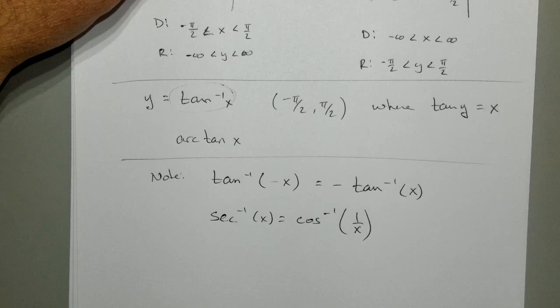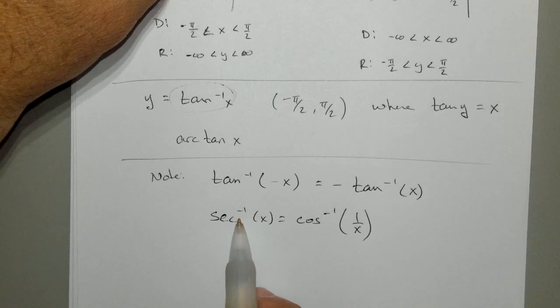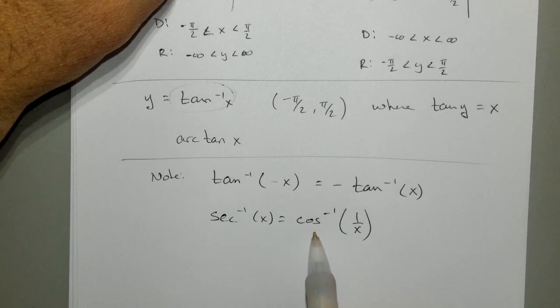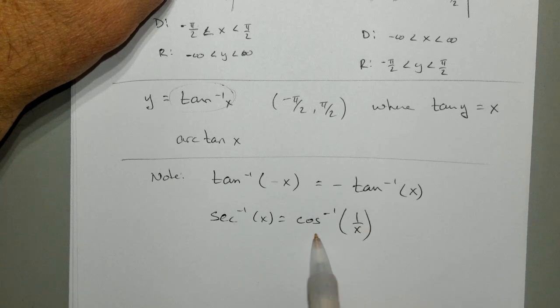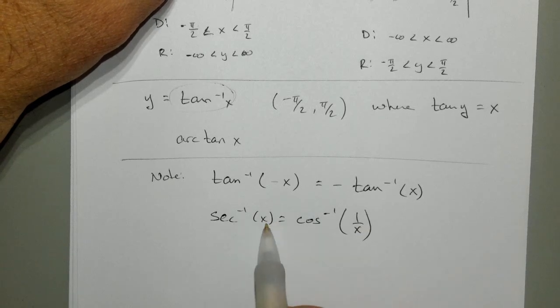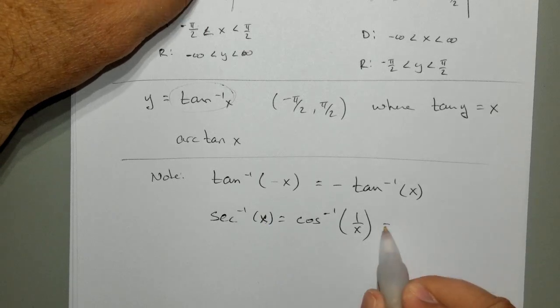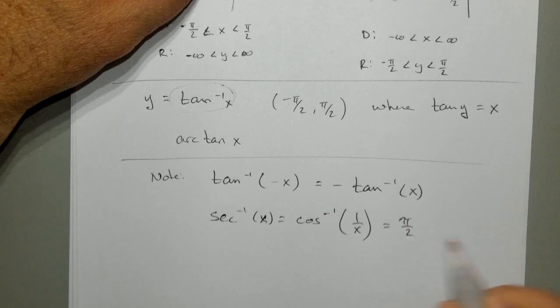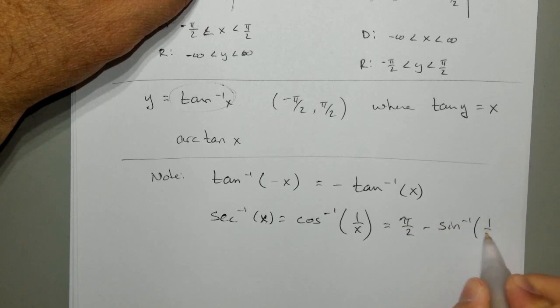Remember, the secant is the reciprocal of cosine. So the inverse secant of x is the same thing as the inverse cosine at 1 over x, which is the same as the shift we get from the inverse sine function.